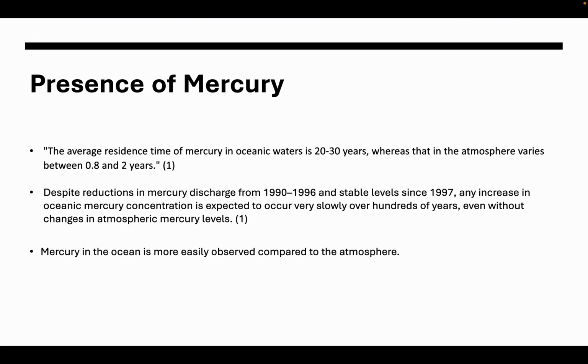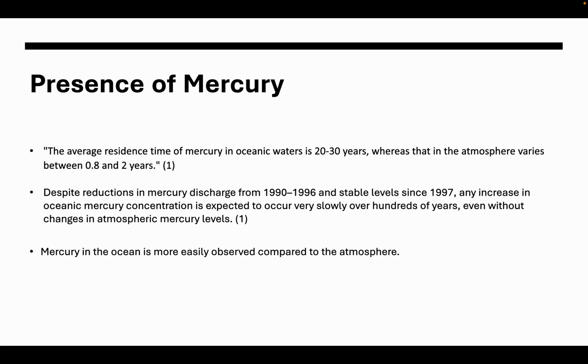Just the overall presence of mercury, I'll try to give a timeline here. Mercury will last in the water for about 20 to 30 years compared to the atmosphere, which is about 1 to 2 years. So there's a big overall difference in the time that it lasts.